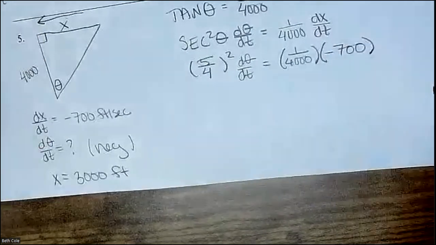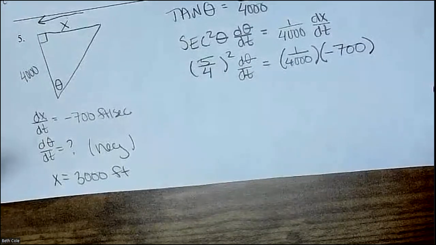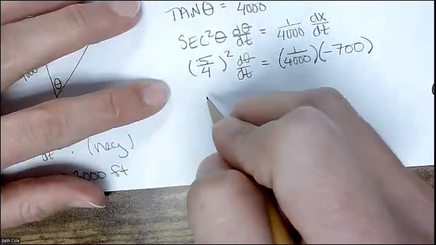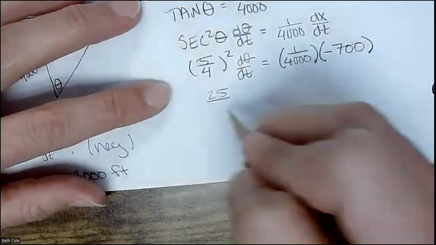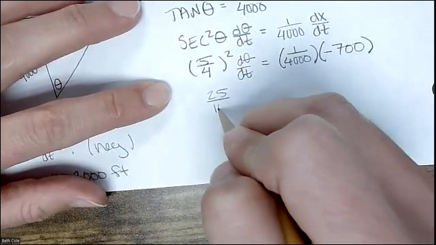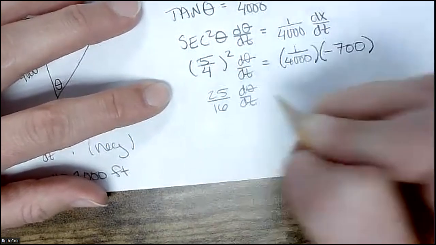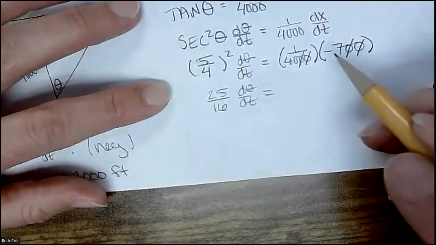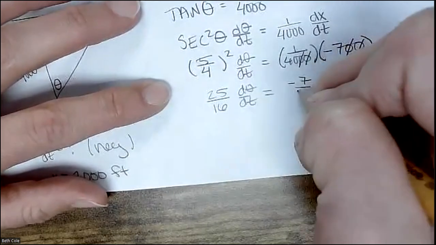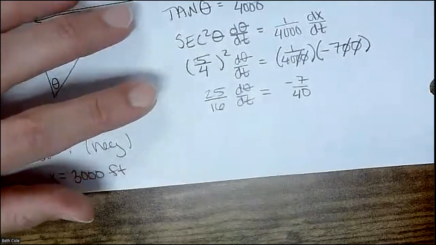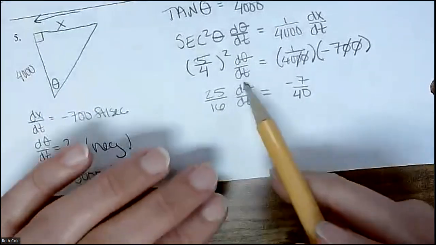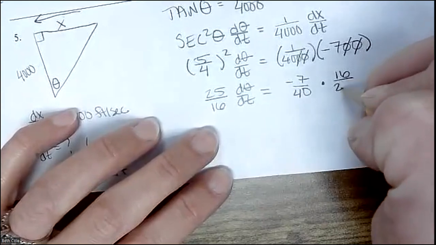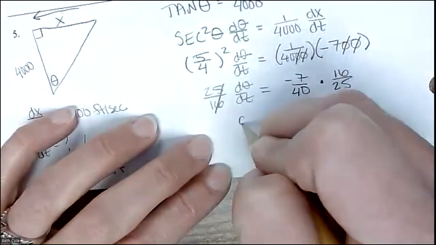Negative 700. Let's see how much we can simplify this without the calculator. If you square 5/4, that's going to be 25/16. Good. Now over here, 2 of the zeros are going to cancel. So we just have negative 7/40. And then to get rid of 25/16, you would multiply by 16/25.